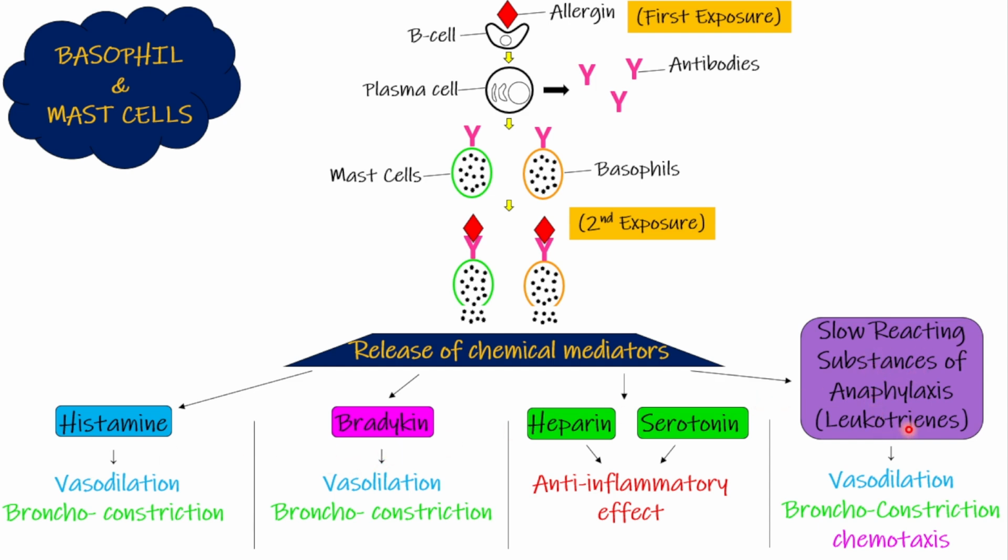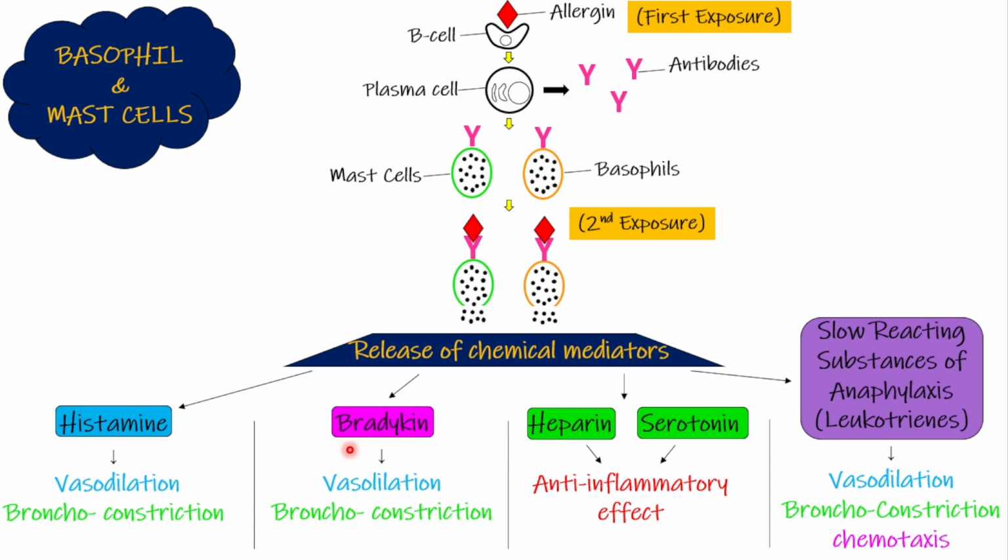Now, if you focus on the functions of histamine and bradykinin, what are they causing? They both are causing vasodilation and bronchoconstriction, whereas the slow reacting substance of anaphylaxis will cause, along with the vasodilation and bronchoconstriction, chemotaxis as well.